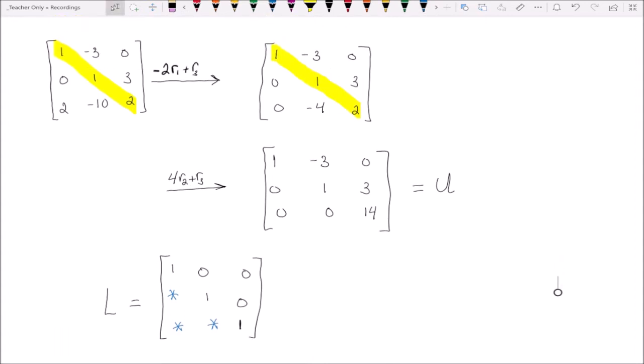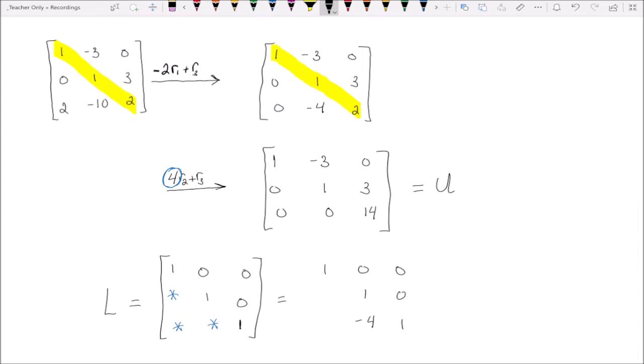Notice, to zero out that 3, 2 entry, we multiplied by a 4. So we're going to make that entry -4. So 3, 2 is -4.